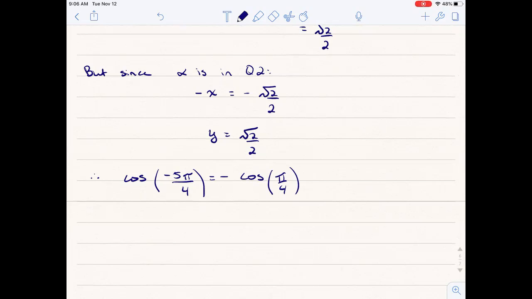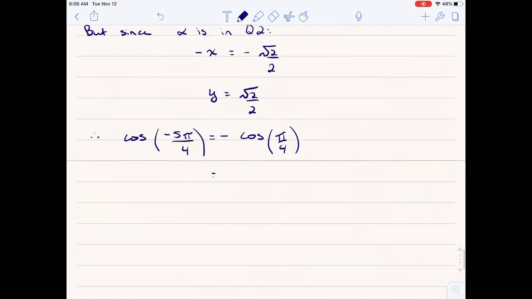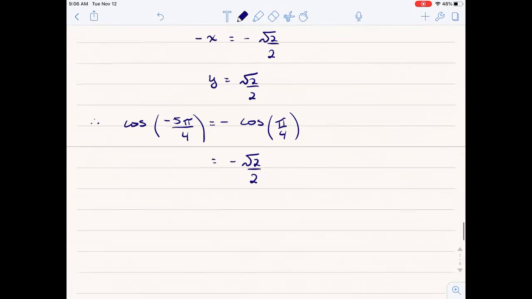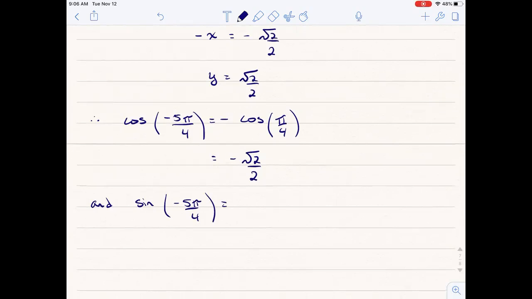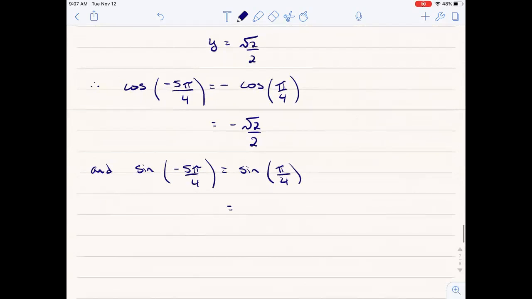And so negative cos pi over 4 is negative root 2 over 2. So we found cos of negative 5 pi over 4 is negative root 2 over 2. And sine of negative 5 pi over 4 is again sine of pi over 4, because we don't have to negate anything, which is just root 2 over 2.